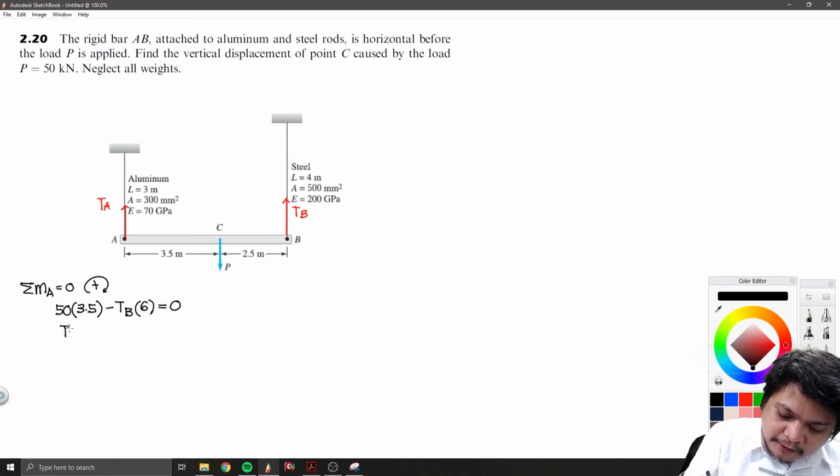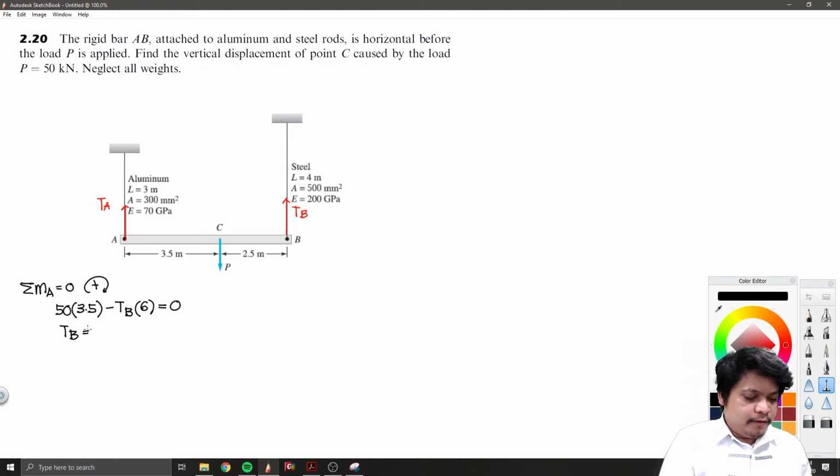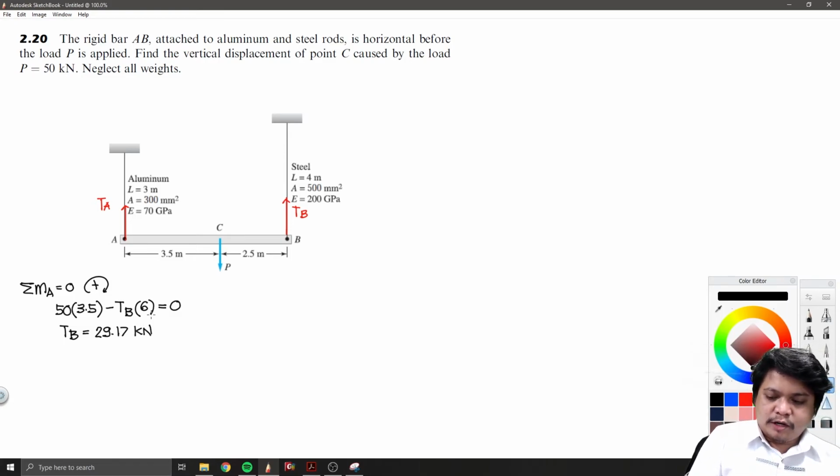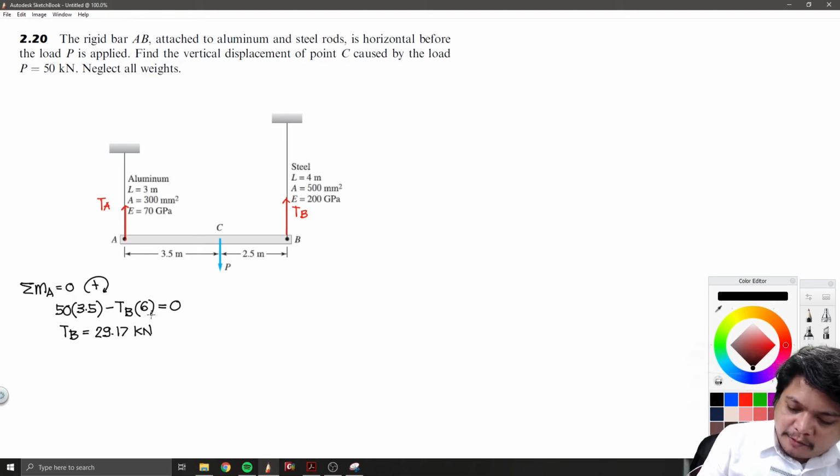So, you have now the TB is equal to 50 times 3.5 all over 6. So, that is 29.17 kilonewton. Okay? So, pwede na ako ngayon mag-summation forces.